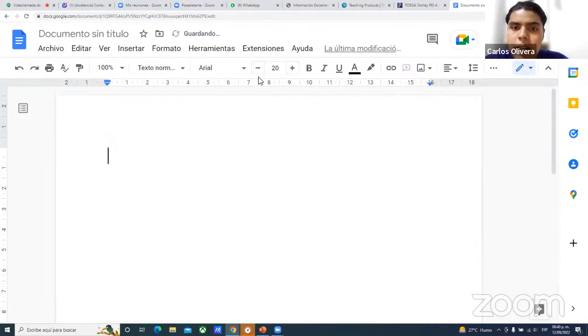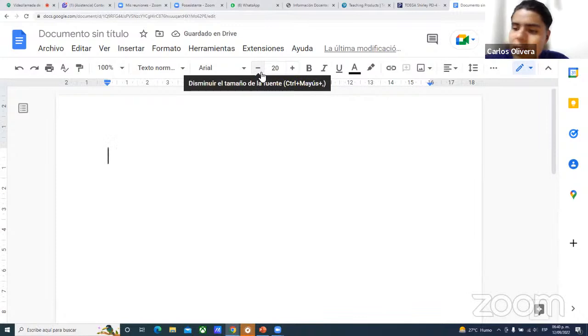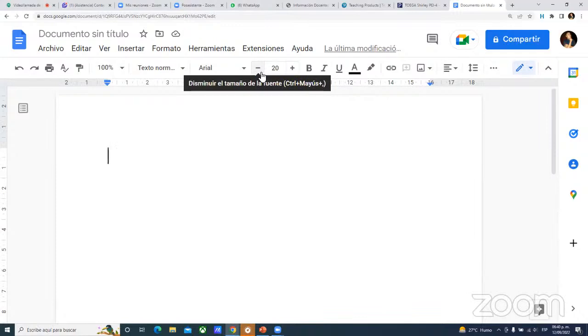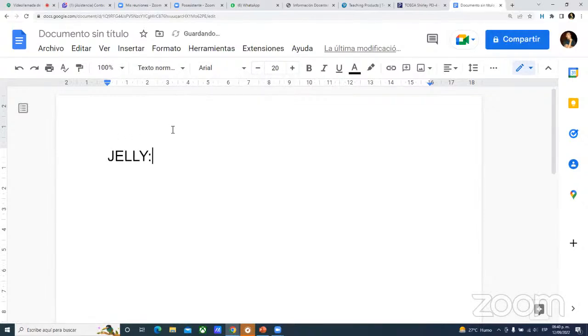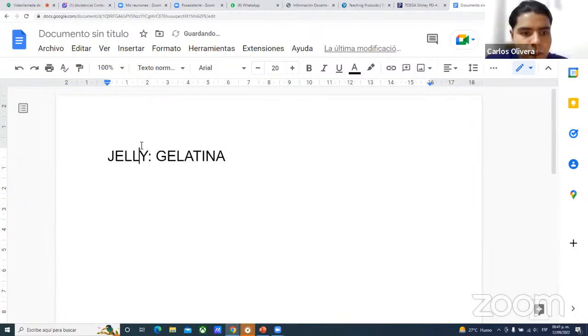Do you know, by the way, how to say gelatina in English? No, I don't know. Don't worry. It is jelly, I guess. Jelly? Yes, gelatina. It is jelly. And the pronunciation would be jelly, like this. Jelly, gelatina.